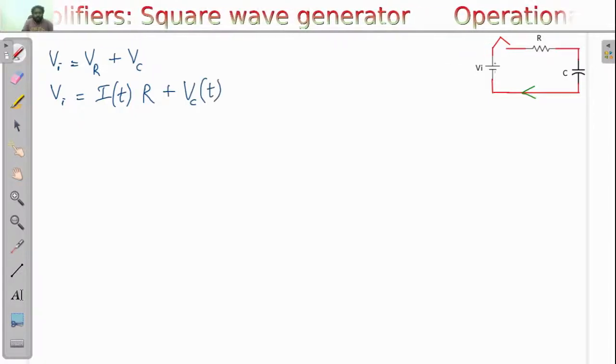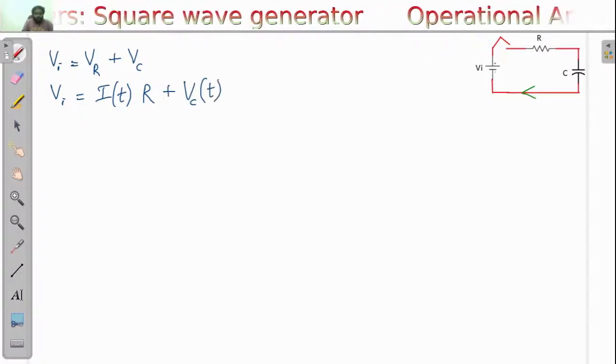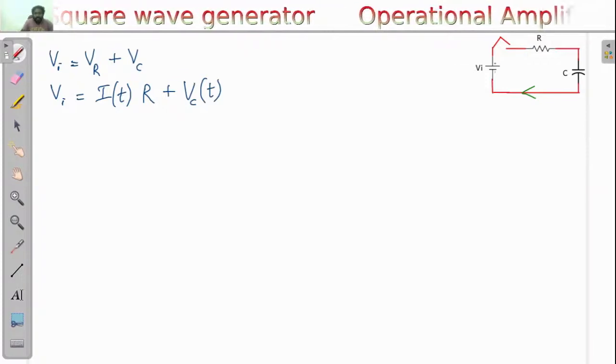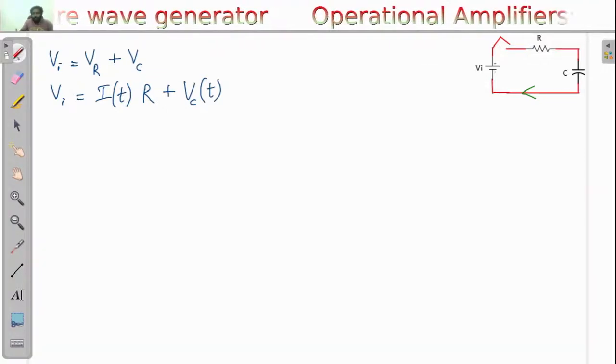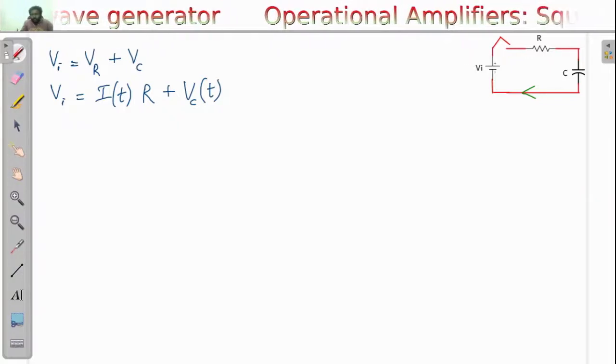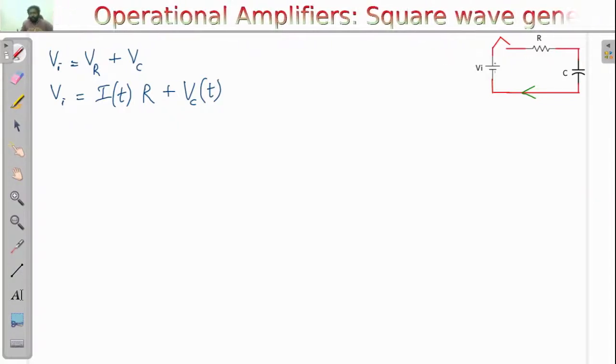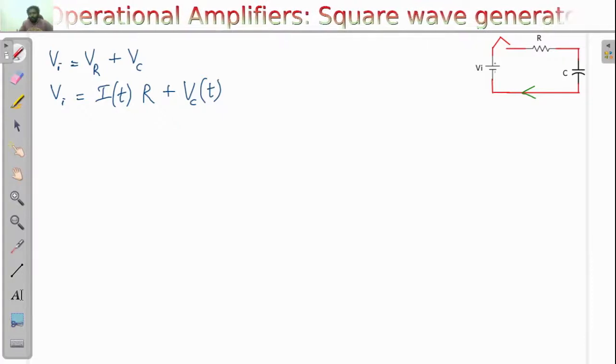These two are functions of time, and if there is a current flowing through this network, then the current through the capacitor is equal to the current through the resistance.